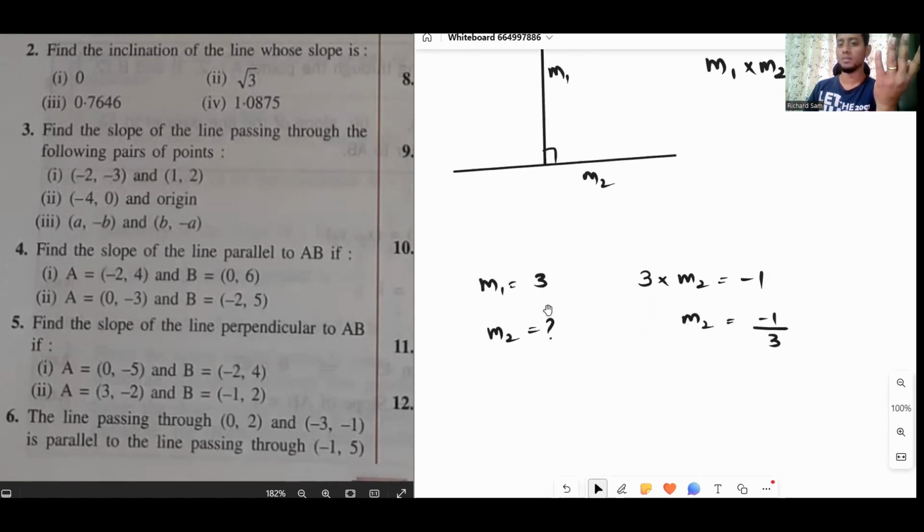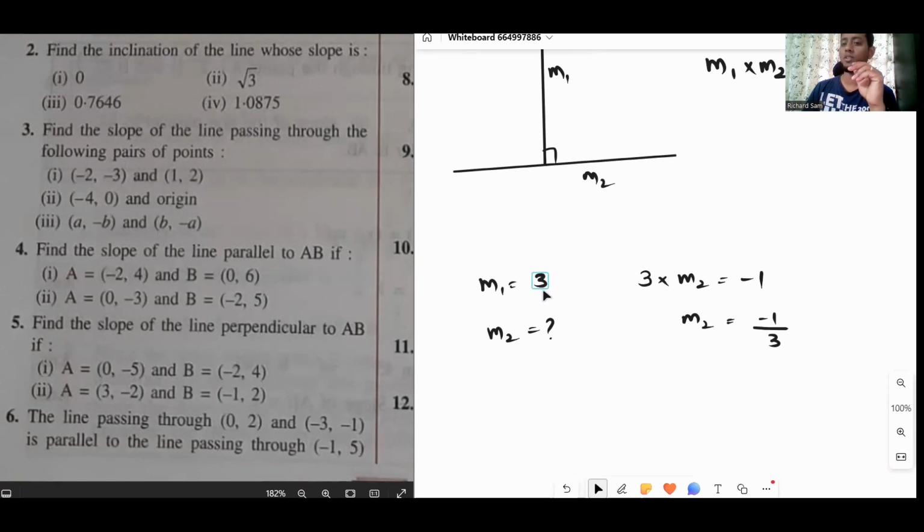Let me give you an example. Suppose m1 is 2, then m2 is minus 1 upon 2. Suppose m1 is minus 5, then m2 is plus 1 upon 5, because the sign will change. If it's minus 5, the reciprocal will be plus 1 upon 5.